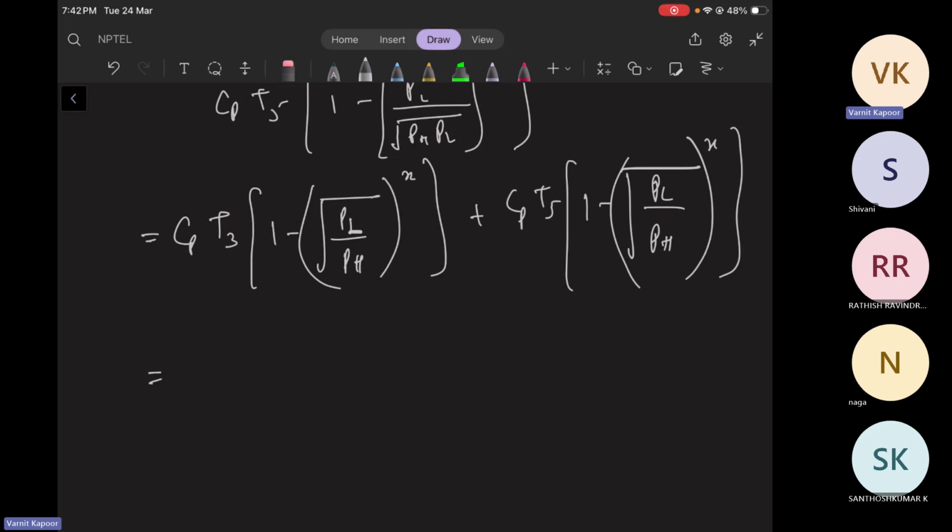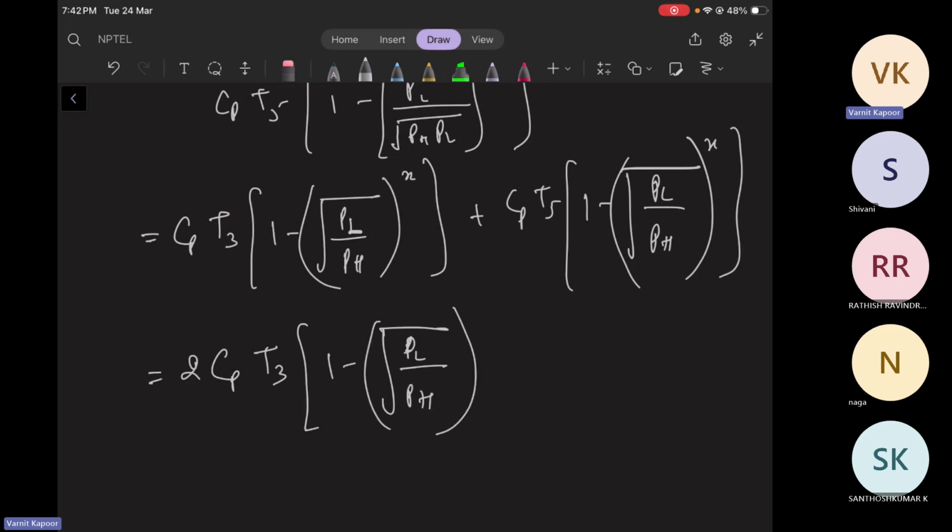And T3 is equal to T5. So 2 times Cp T3 into 1 minus under root of P lower by P higher, to the power of x, is your work done by the turbine, since T3 equals T5, for perfect reheating.